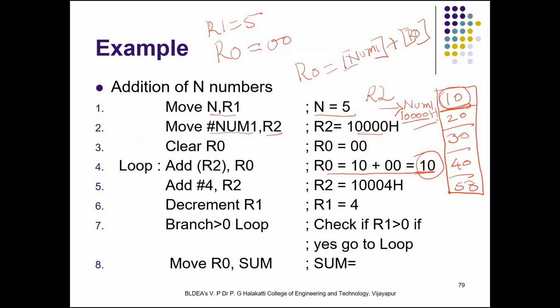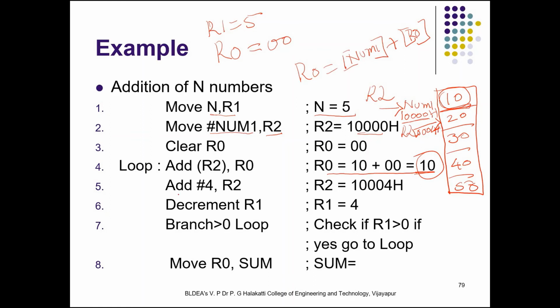Now I want to add the next number. So if I want to get the next number, R2 should point to the next memory location. So the next memory location is after one word. So this address will be 10,004H, right?